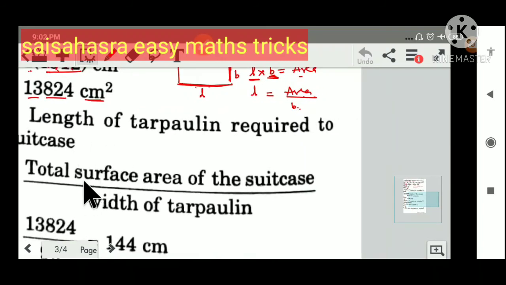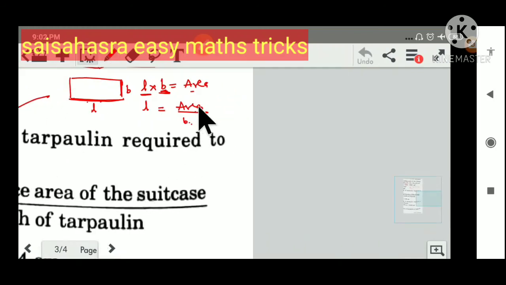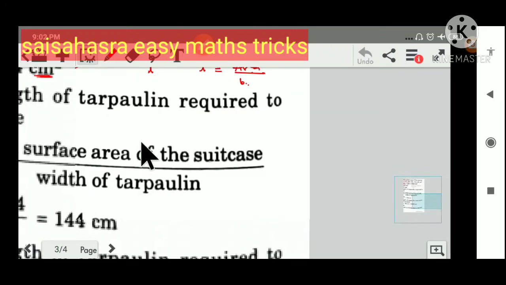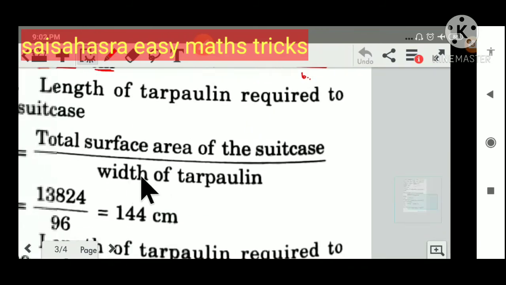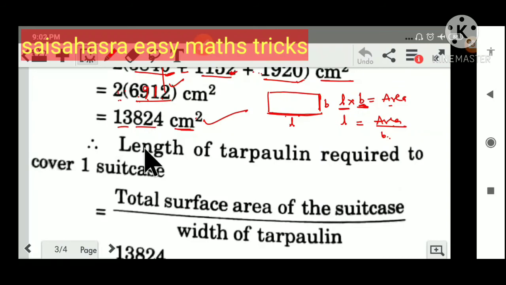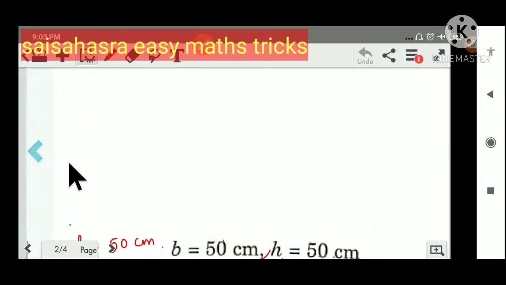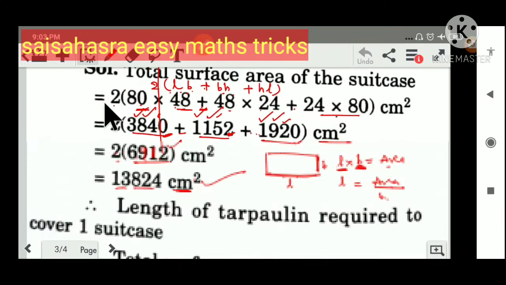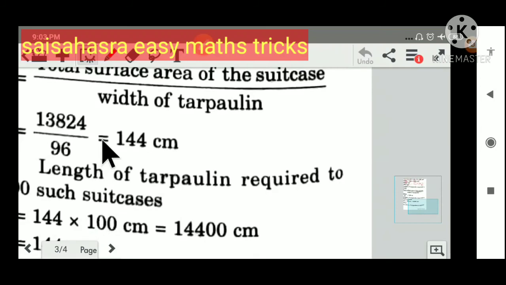The area is the total surface area of the suitcase, and B is the width of the tarpaulin. We got 13,824 as the total surface area; you write that. The width of the tarpaulin is given in our question as 96 centimeter; that also we have to write. So 13,824 divided by 96.